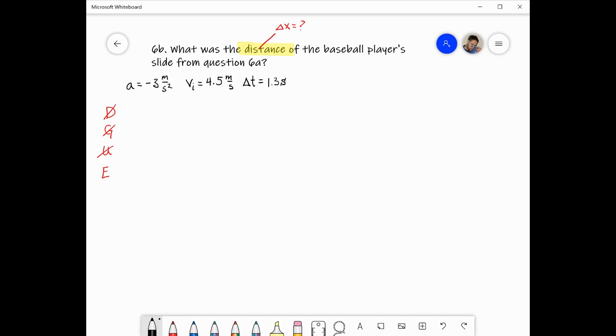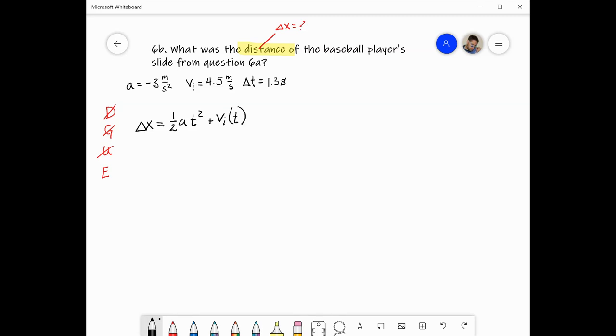My equation, I only have 3 equations to choose from. And given the fact that I've got an acceleration and I've got a change in position, and I've got this time, the only equation that I've got to work from here is delta x equals 1/2 at² plus VI, which is my starting velocity, times the amount of time that I've got.